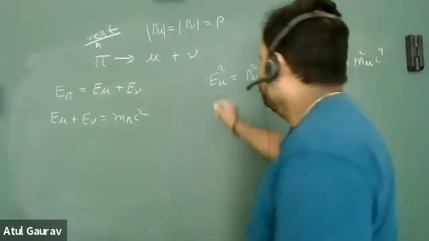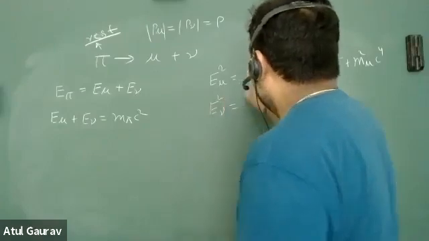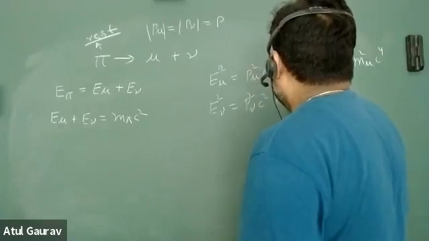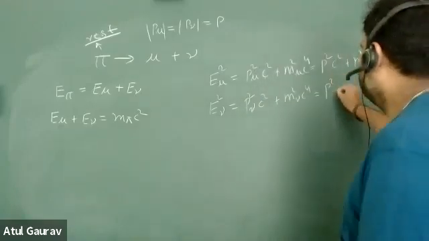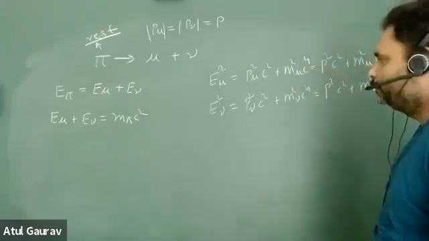And we have E nu square, again we can write P nu square C square plus M nu square C4, and this will be P square C square plus M nu square C4.